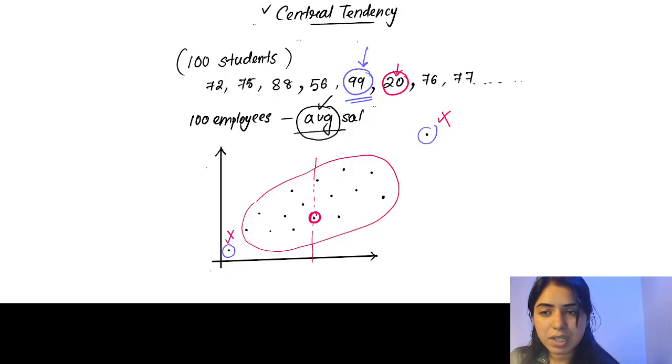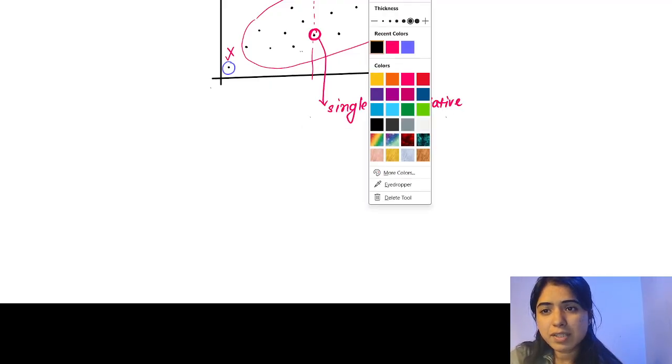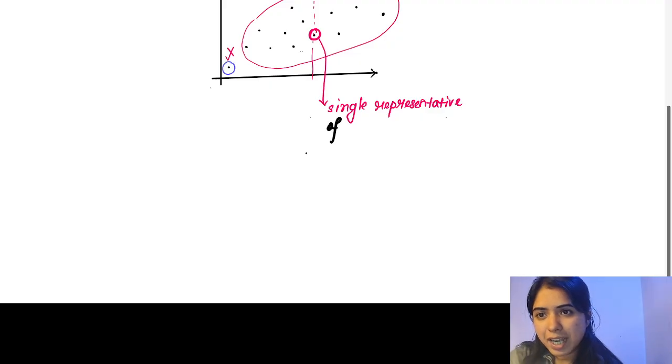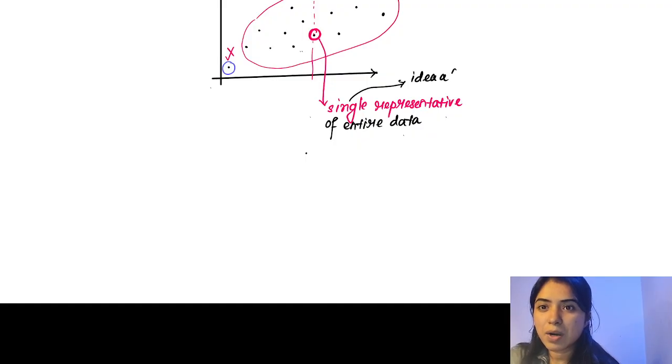So what is the definition? Informally, central tendency is a single representative of the entire data. It gives the idea about the entire data set.